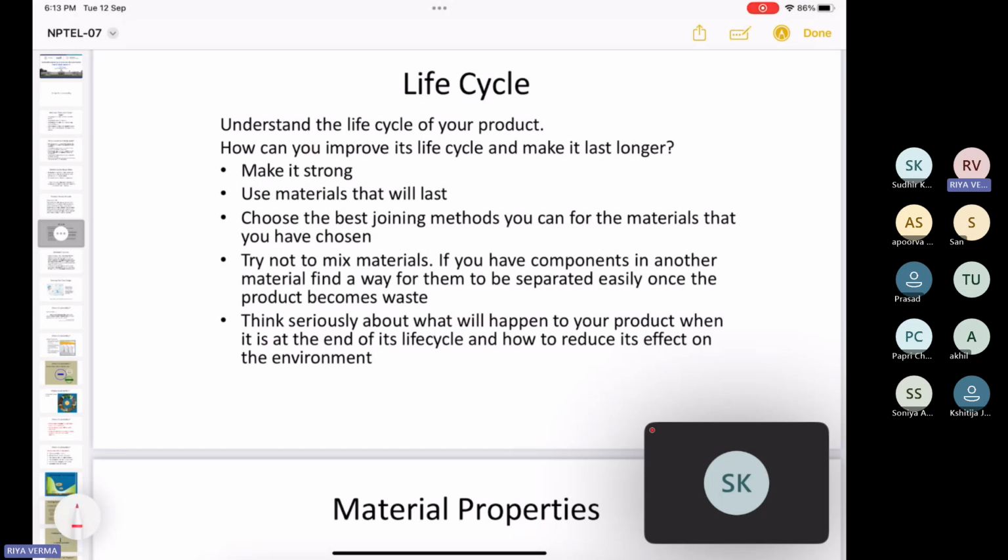For example, if you are going to a restaurant and have a takeaway order, we can carry our own storage boxes. You all must have seen those plastic storage boxes in which restaurants pack our food and give it to us.